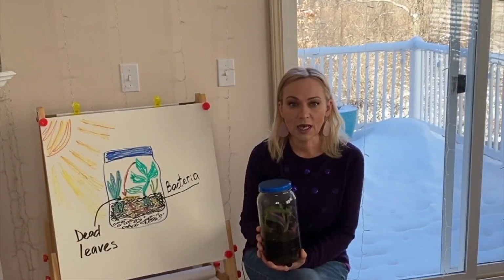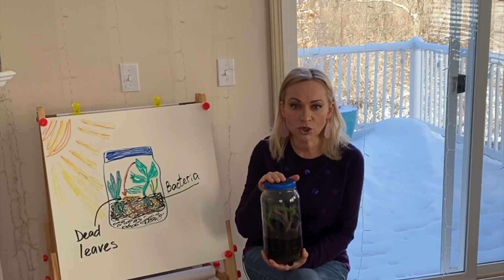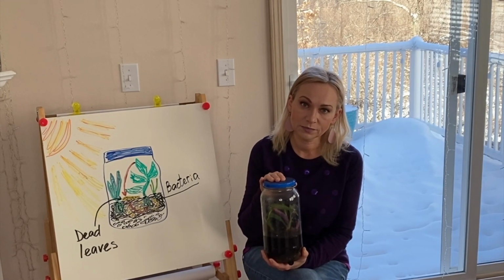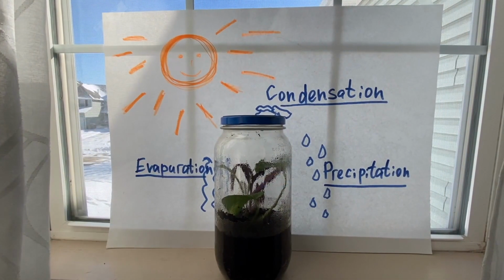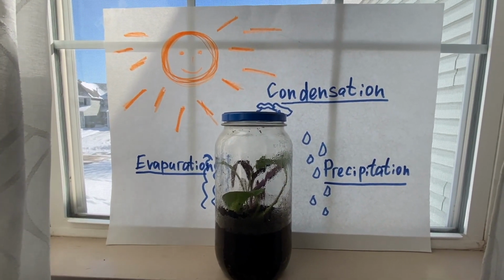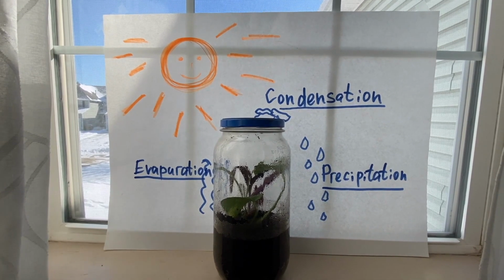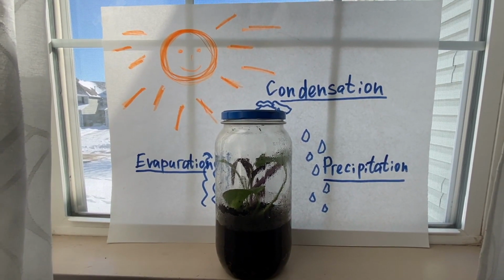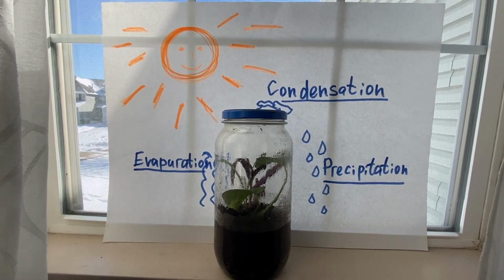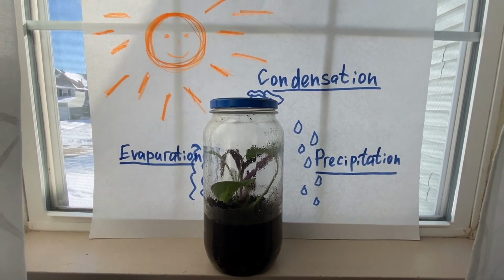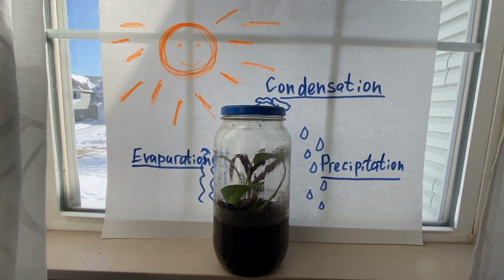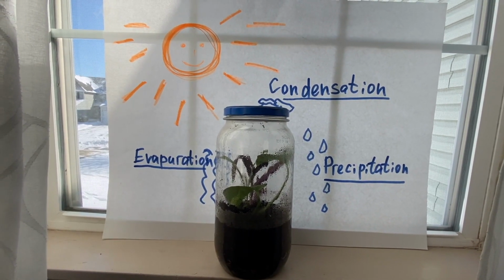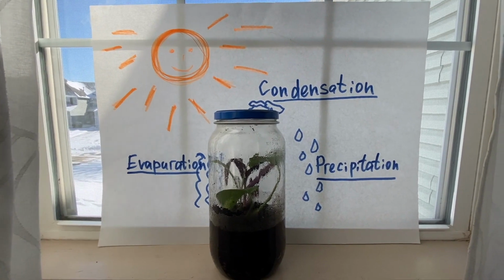All right, guys, let's look at the miniature ecosystem we created last time. Our ecosystem model is doing really well. We can observe living things such as plants. There are microorganisms too, though we can't really see them with the naked eye. You can also see non-living things, such as soil, water, air, and sun.